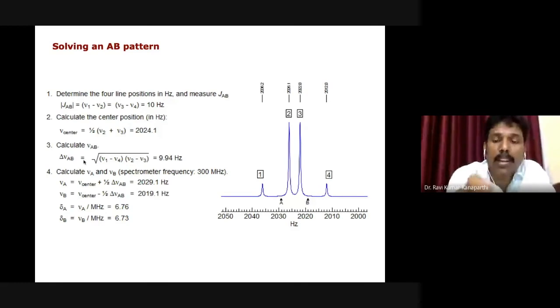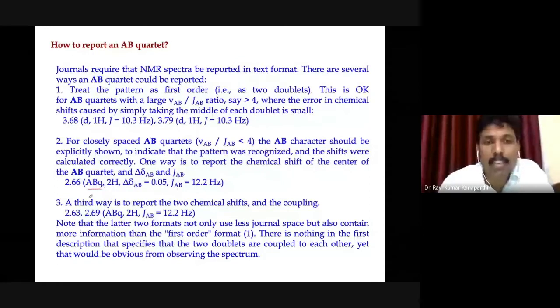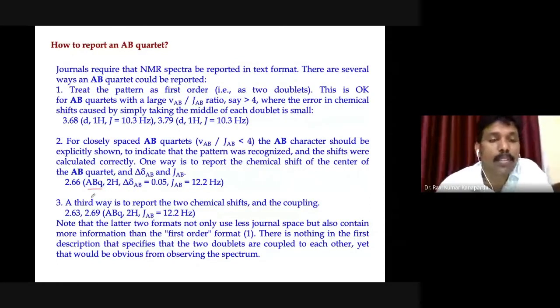So that value you can find out, place it, and write it as AB q, where q stands for quartet, for two protons, and the difference between the lines is whatever it is. Then the coupling constant also you can represent.